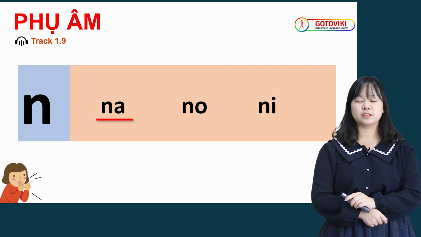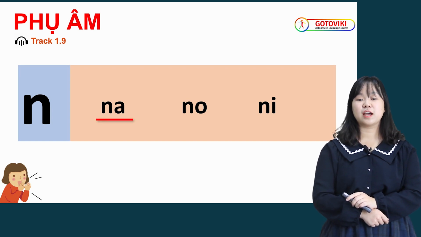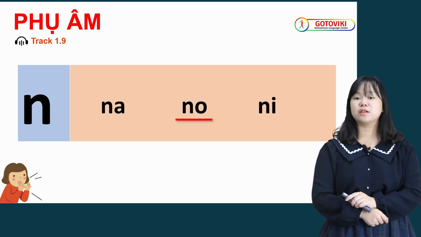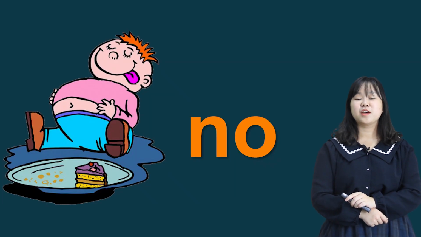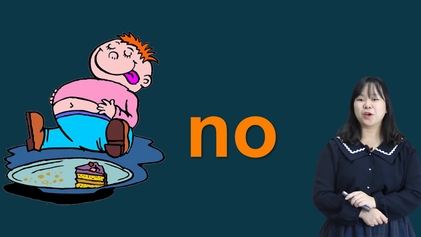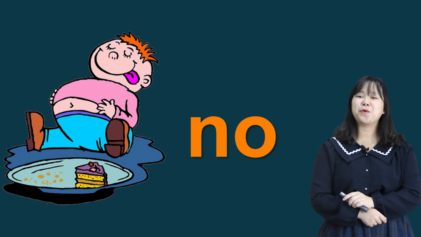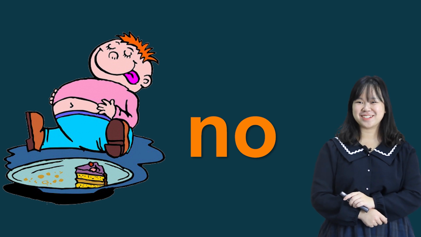Na, na, na, no, no, no. Ni, ni, ni. No means full, the feeling that you get when you're eating too much. I'm too full now because I ate too much.